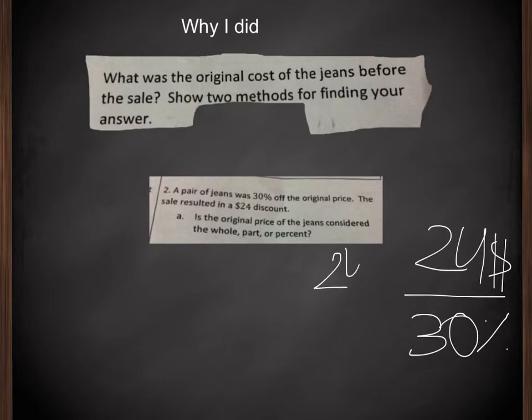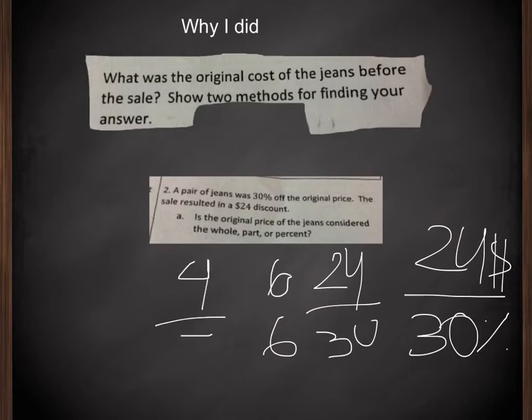So I want to convert this into a unit rate because then it'll be easier to multiply. So I converted this into a unit rate by dividing both of these by 6. I got 4/5. And that is a unit rate. A unit rate is something in the most simplified way.